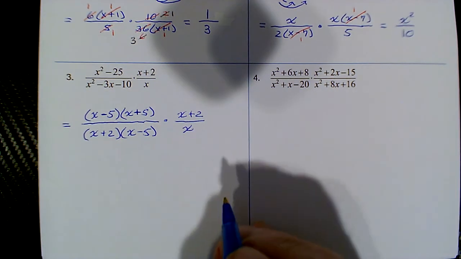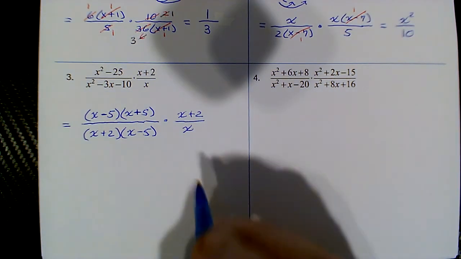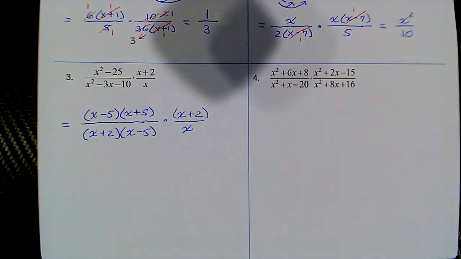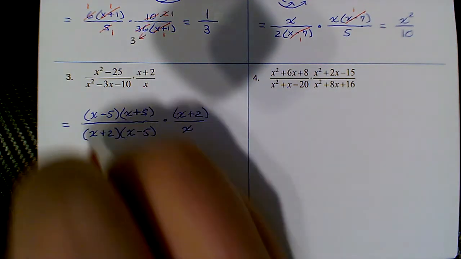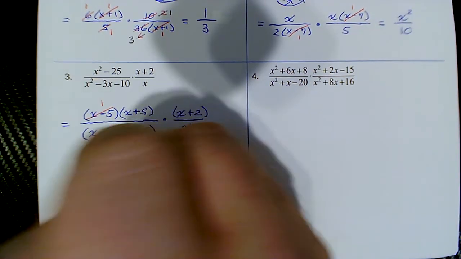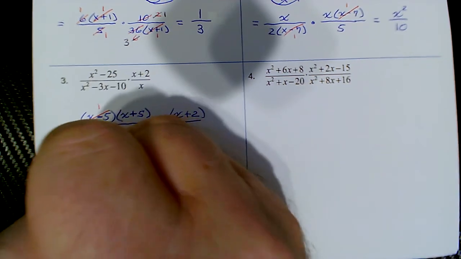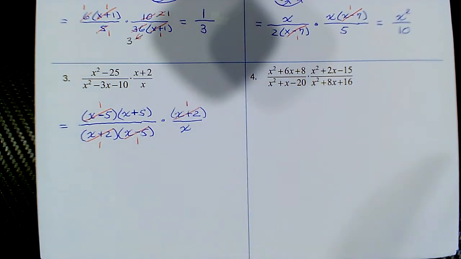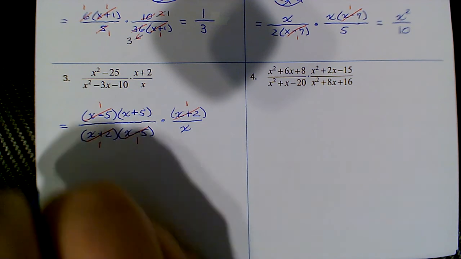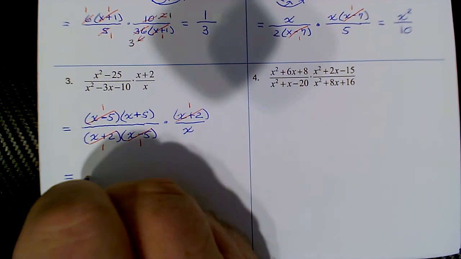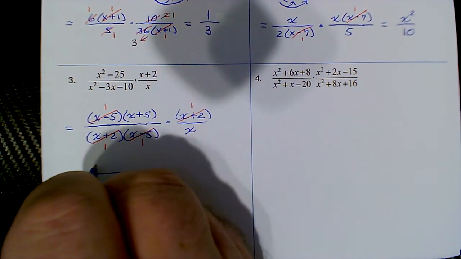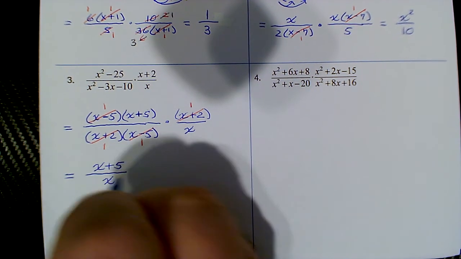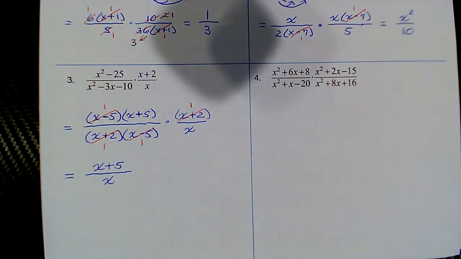And now the cancellations. If you want to throw some parentheses around this x plus 2, that's fine. But now we can see that the x minus 5s cancel, as well as the x plus 2s. And so therefore the leftovers, there's x plus 5 in the numerator, and just an x in the denominator.